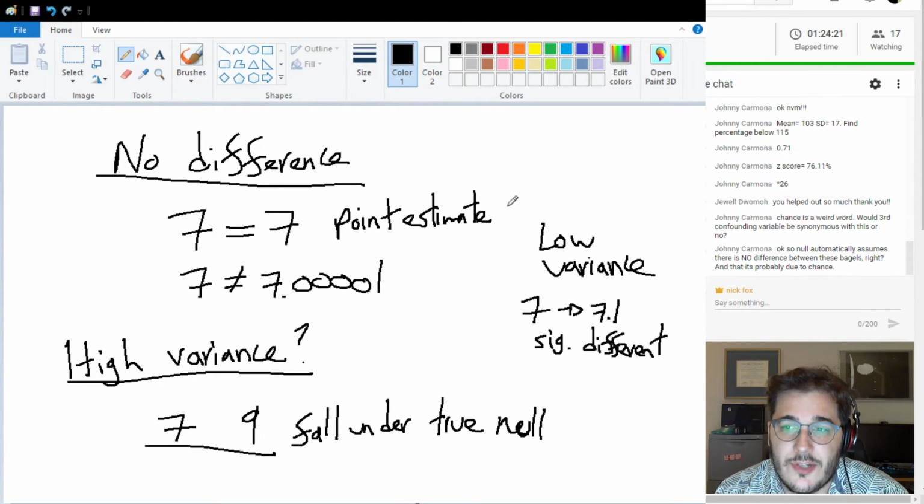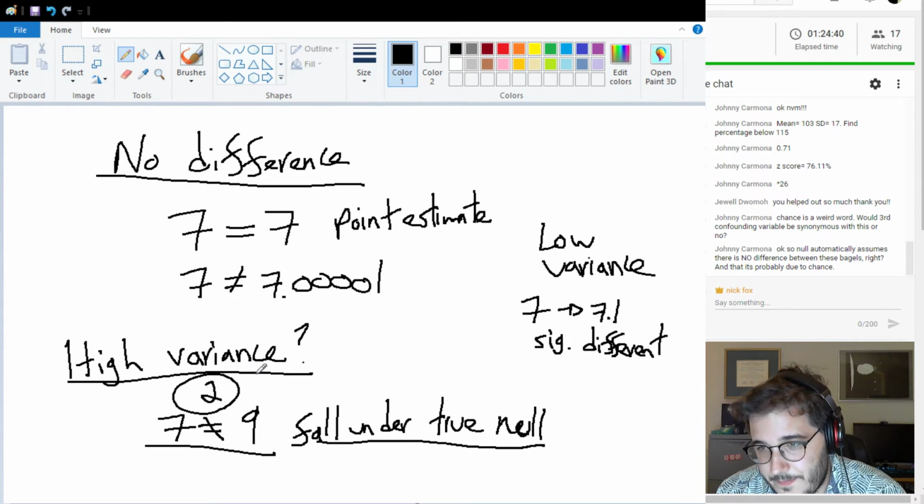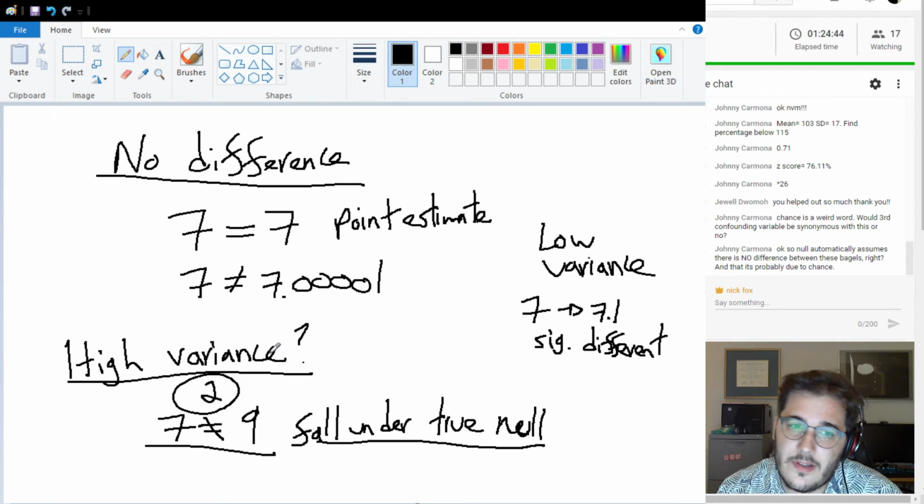So any difference you do see, right? Like 7, while it doesn't technically equal 9, these numbers are different, right? 7 is not 9. So if you cannot reject the null, then you would say the difference here of 2 is due to chance. It's just due to the natural variation that exists.